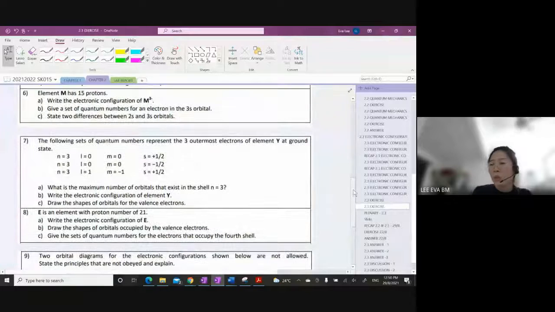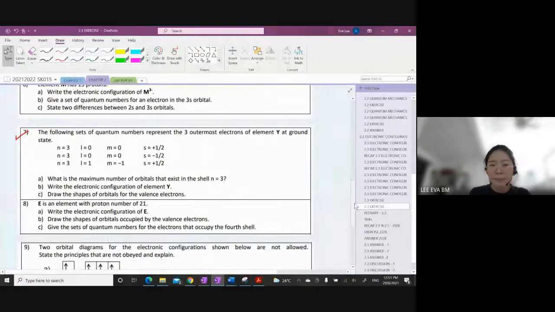Okay, question number 7 is like question 4 earlier. Here you see sets of quantum numbers, but not in brackets. If you have 3 sets, that means you have 3 electrons which have the highest energy. So they represent the 3 outermost electrons of element Y. So Madam wants you to try question 7 the same way as question 4 earlier.